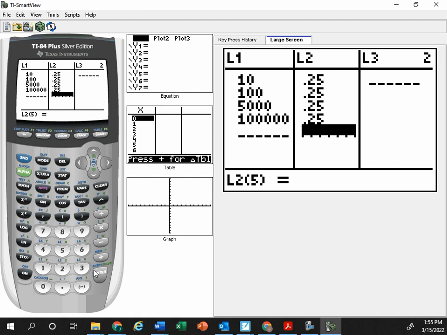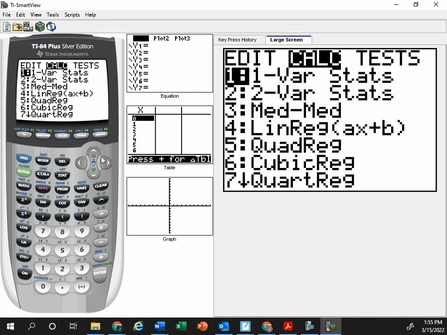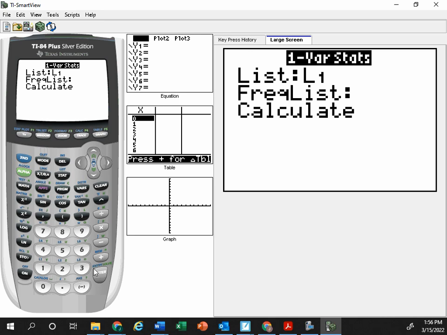All right, everybody have them in? Okay, I need to calculate the one variable statistic. So how do I do that? Okay, and how do I get there? Do you remember? Stat, yep. Calc, good. Okay, mine is in list 1 for the dollar values, right? That's where the money is.